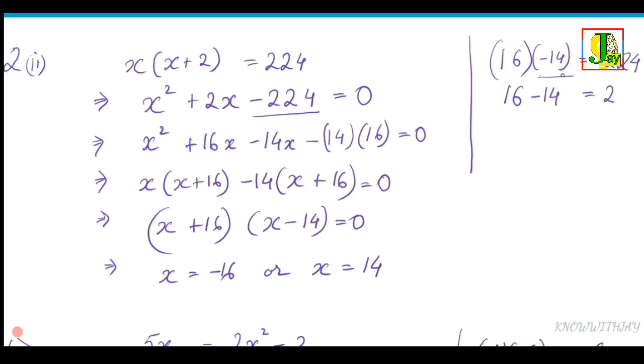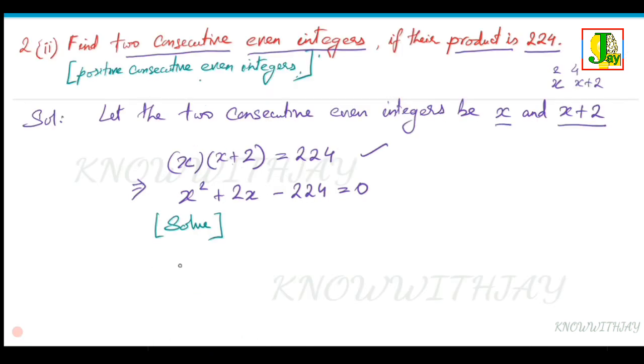So we find that 16 into minus 14 is minus 224, and 16 minus 14 is 2. Okay, so splitting it, we get x equals minus 16 or x equals 14. So after solving, we get x equals minus 16 or x equals 14.